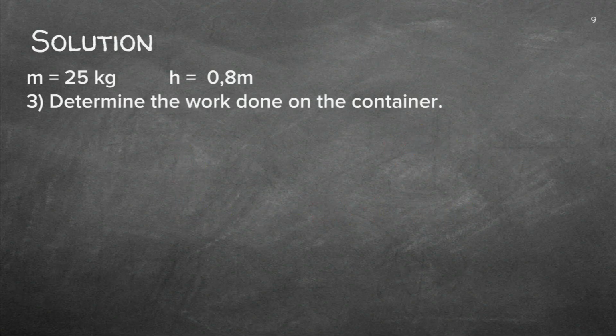So let's calculate the work. The work is then the applied force times cos of whatever angle times delta x. We know the force, we just calculated it now, as 245 Newton. We know it's being picked up, so the delta x is up as well as the force, and that angle is 0 degrees.